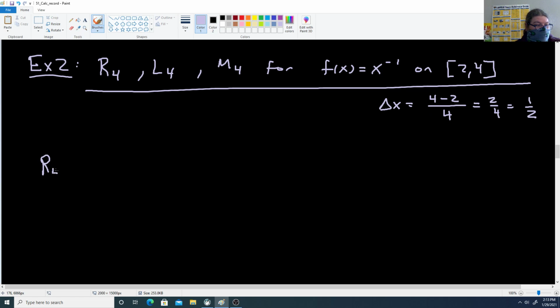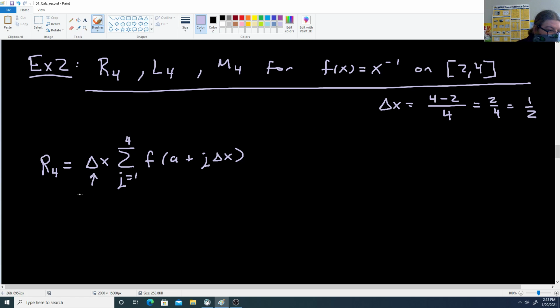When we want R4, this is going to equal delta x sum of j equals 1 up to 4 of f of a plus j delta x. So delta x is 1/2, so we're going to replace the delta x's here with 1/2.